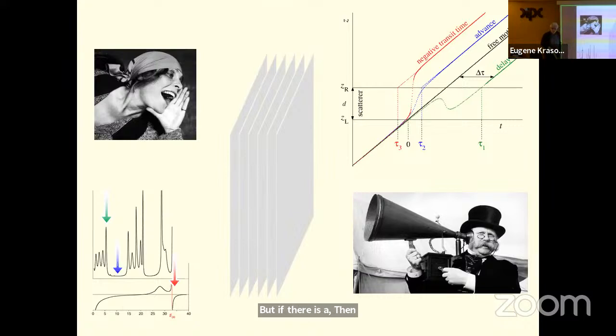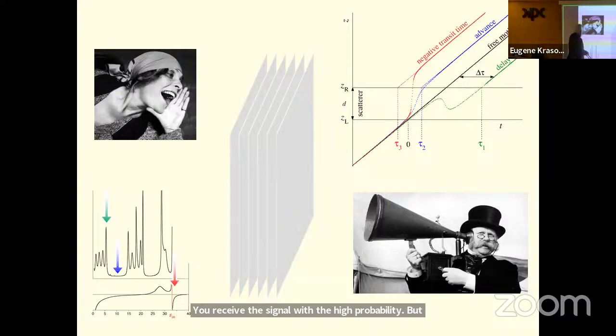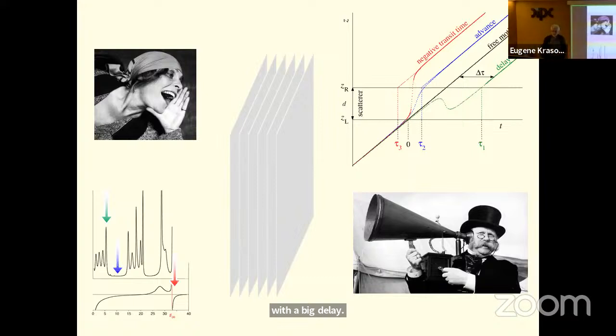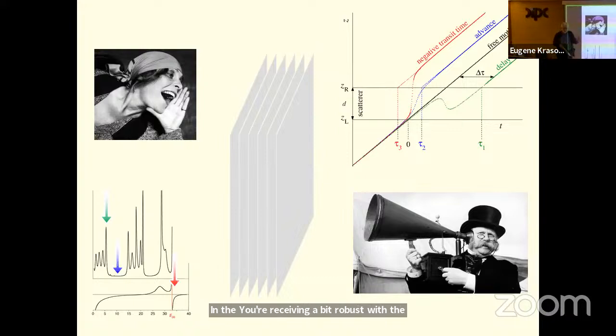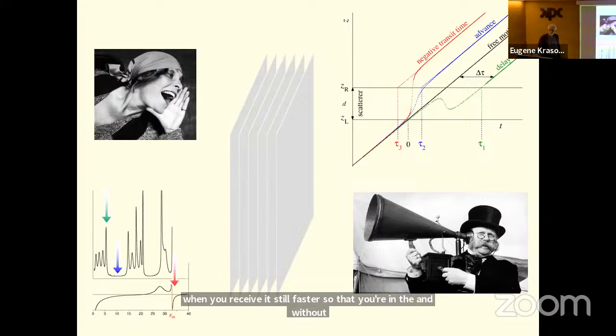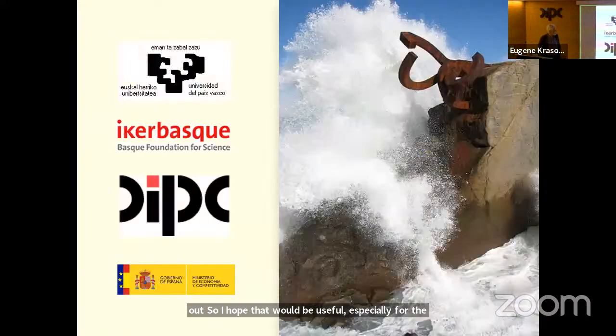In the transmission resonances, you receive the signal with a high probability, but with a big delay. In a gap, you receive it very fast with a superluminal velocity, but with a very small probability because most of the signal is just reflected. But there are special cases when you receive it still faster, so that even the clock moves back, without the loss of intensity. So I hope that would be useful, especially for the experimentalists, and thank you for your attention.